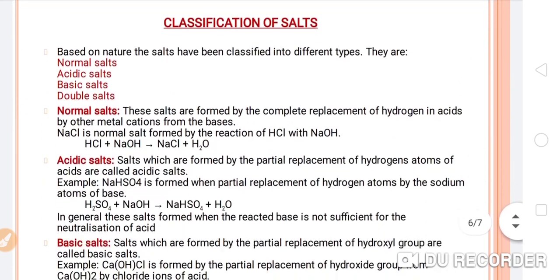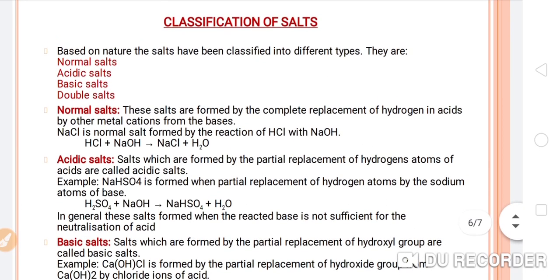Now next, classification of salts. What is the classification of salts? Let's see. Based on the nature, the salts have been classified into different types. They are normal salts, acidic salts, basic salts, and double salts. So here we have four kinds of salts. Number first, normal salts.